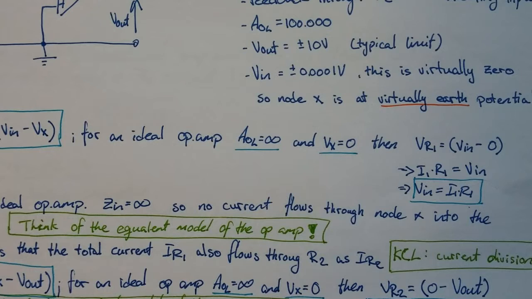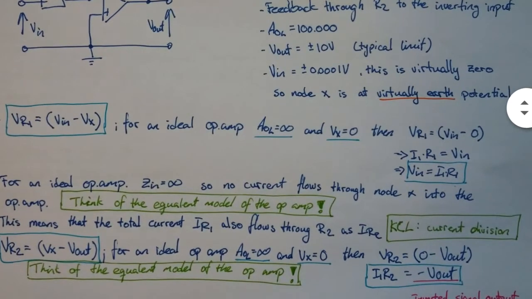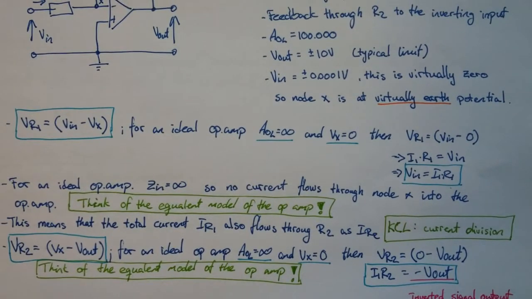And if we use Ohm's law, we can say that the current flowing through R1 times the resistance R1 is equal to the input voltage, so that we can calculate it. Now, as mentioned before, the input impedance for the ideal operational amplifier should be infinite, so we assume that there is no current flowing through the node X into the operational amplifier.